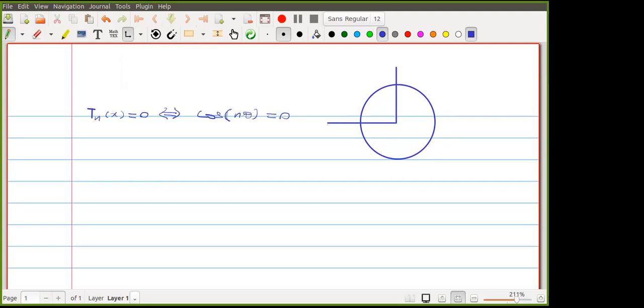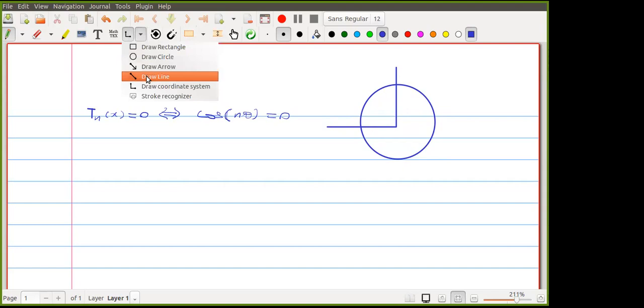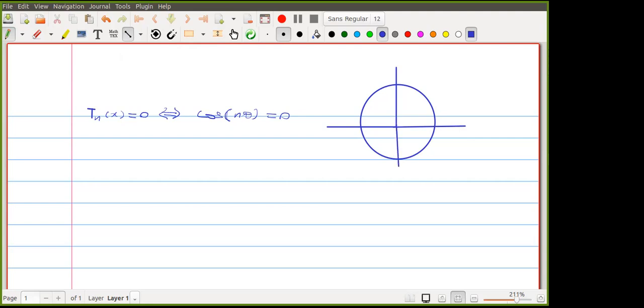Let's use this. So this is our trigonometric circle. We have the x-axis and the y-axis there.